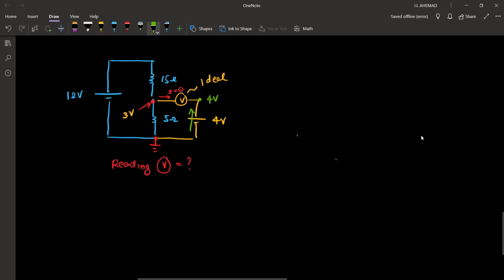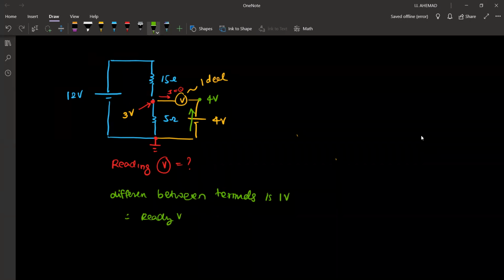Then the difference between the terminals is 1 volt. Therefore the reading of V is 1 volt. Is it clear how we did this question?